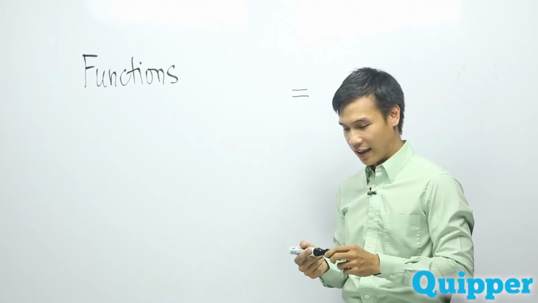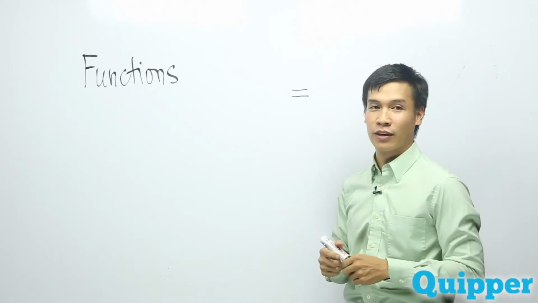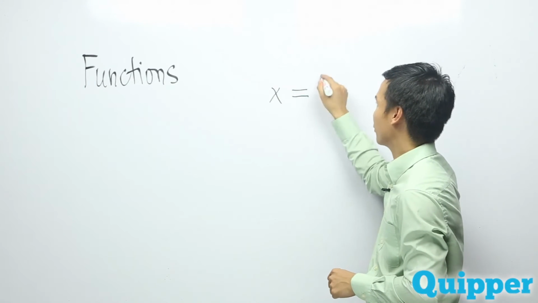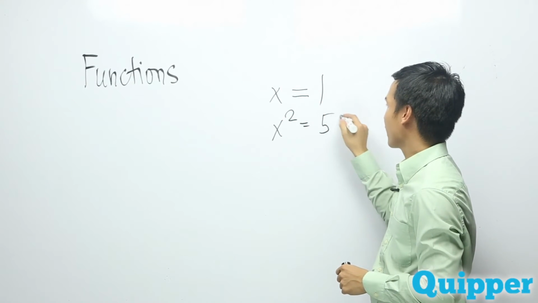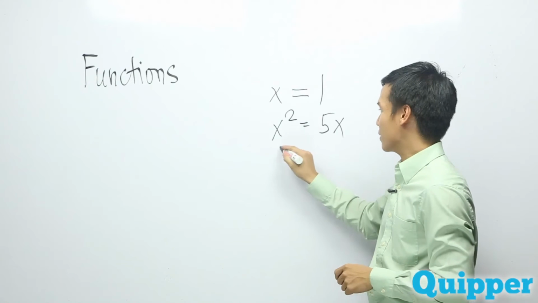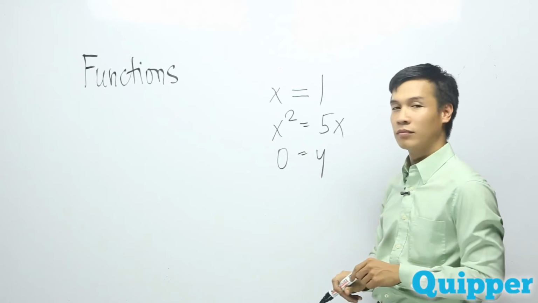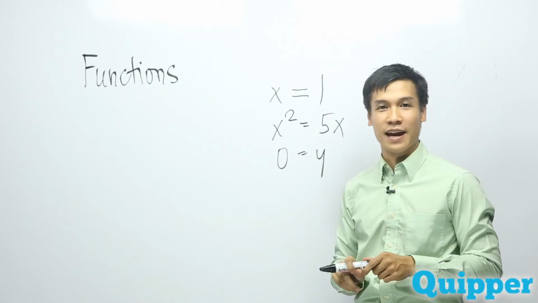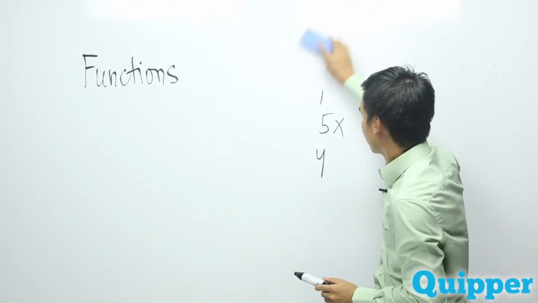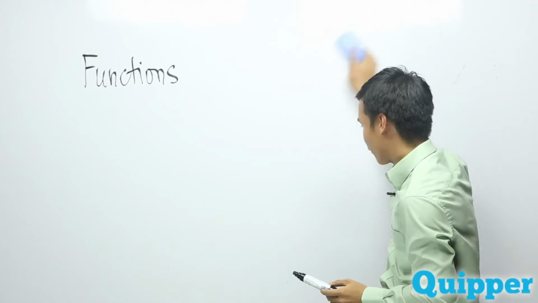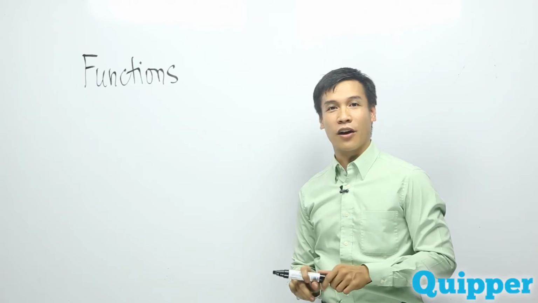So it can be anything that has or involves an equal sign. It can be x is equal to 1, x squared is equal to 5x. It can be 0 is equal to y, anything with an equal sign. How can we distinguish this now from a function?